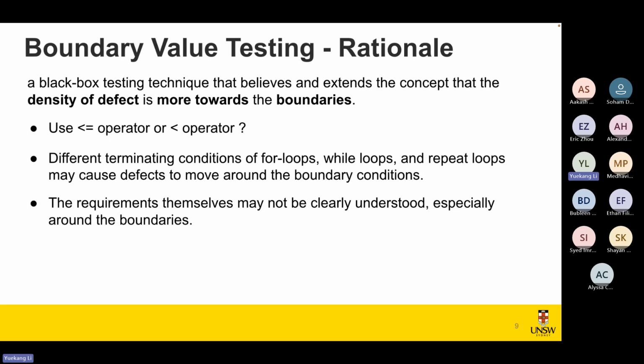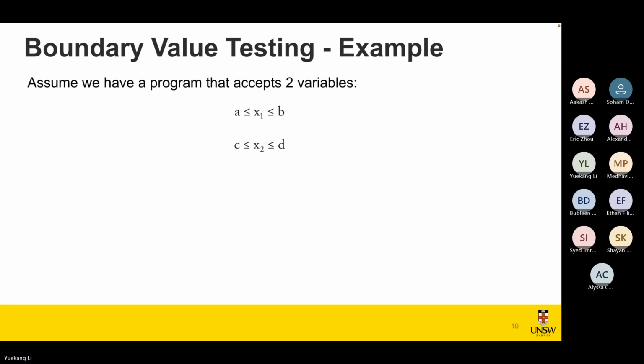When developers write programs according to these requirements, there might be some confusion. So there is a higher chance that a developer may misunderstand certain conditions at the decision boundaries. That's why we assume that defects or bugs happen more towards the boundaries.